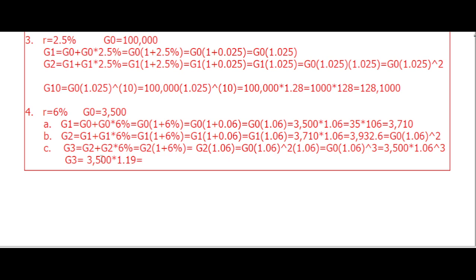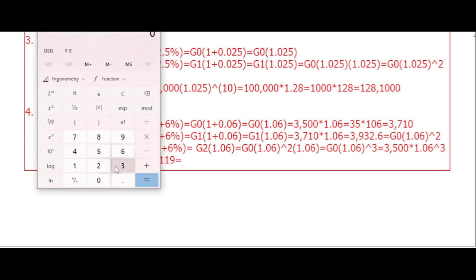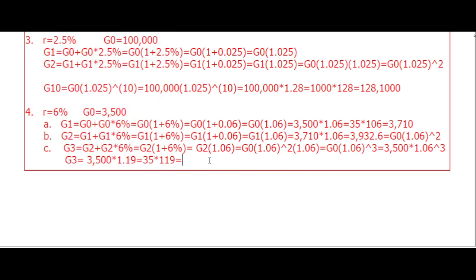Let's omit these two zeros: 35 times 119, which is equal to 4165. This is for G3.